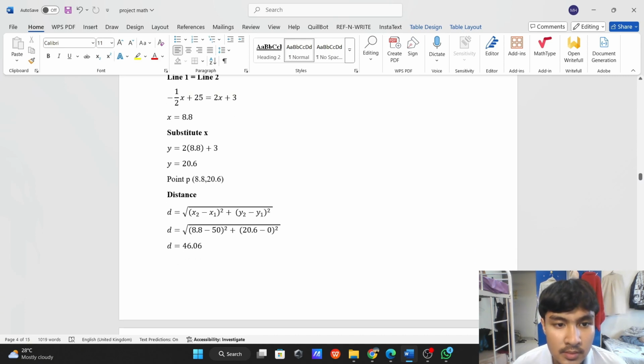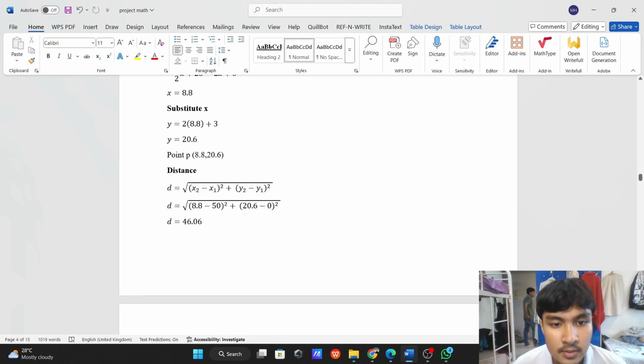Next, we substitute the value x into the first equation. We got y equals 20.6, and then we got point P (8.8, 20.6).